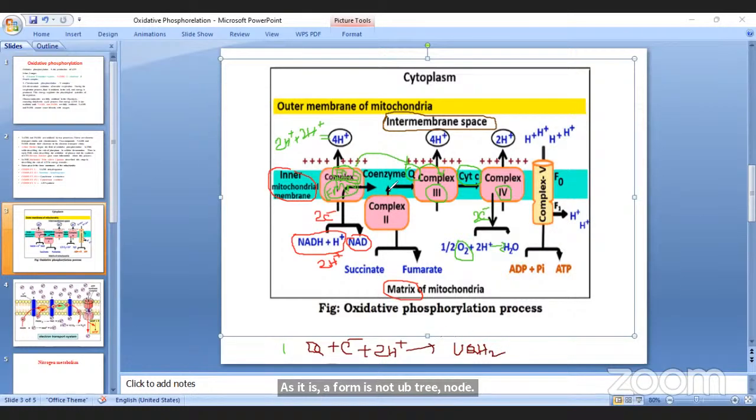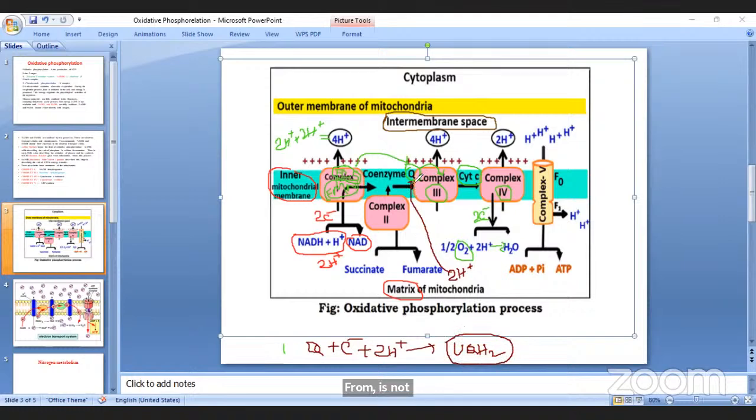Simple. When one electron goes from the quinol cycle to complex 3, 2 protons from the matrix are received by quinol. As a result, UB quinol is formed.